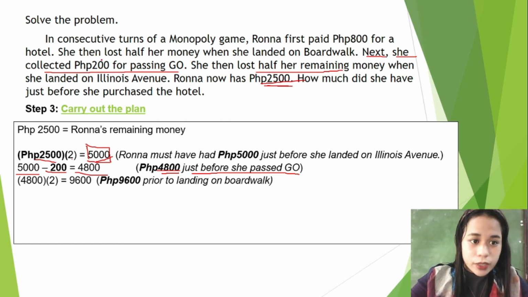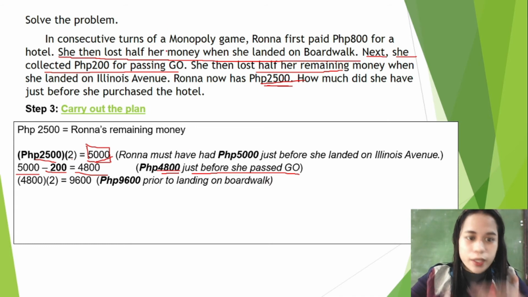Next step, we are now going to focus on this statement: she then lost half her money when she landed on Boardwalk. Ilan ba yung pera niya originally before she landed on Boardwalk? Since half her money, dinivide yung money niya, then nag-come up siya with 4,800, therefore we need to multiply 4,800 by 2, then we have 9,600.